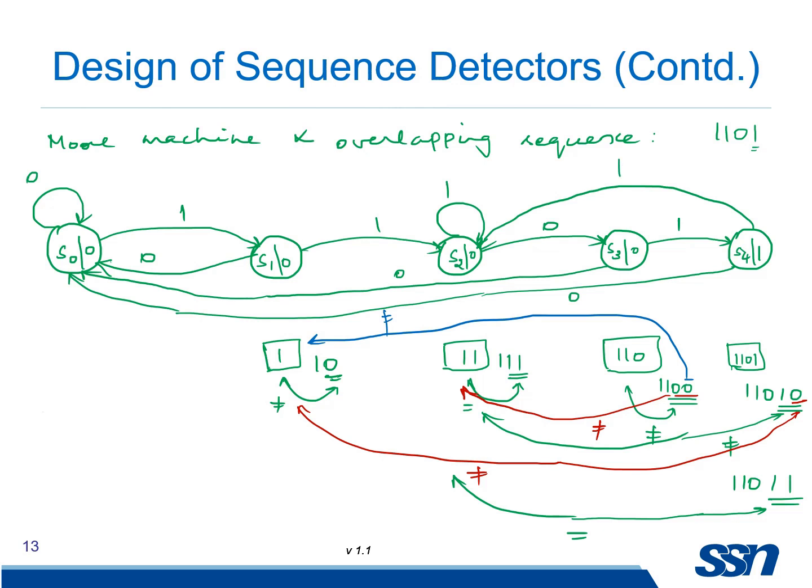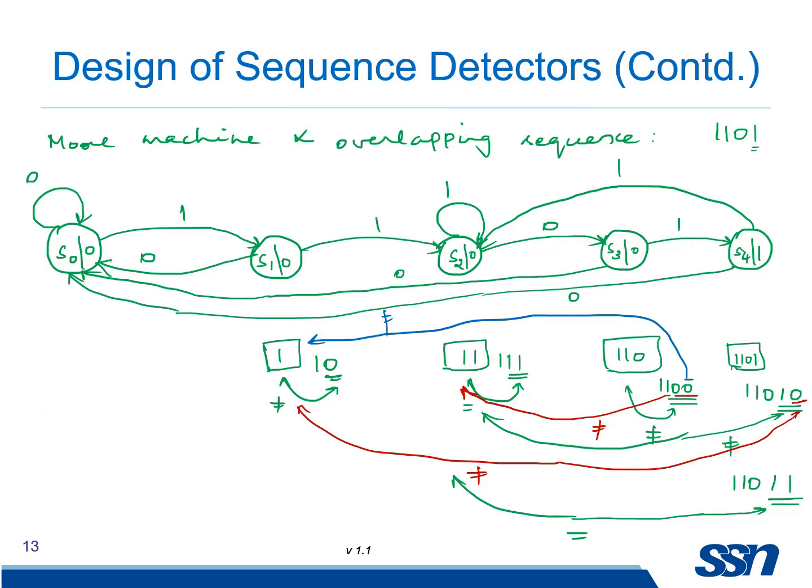So this is for input 1. Okay. So this is how we do this sequence detector. For any sequence this applies. If it is a sequence 11011, 10101, 1011, whatever be the sequence, the procedure is same. Okay.